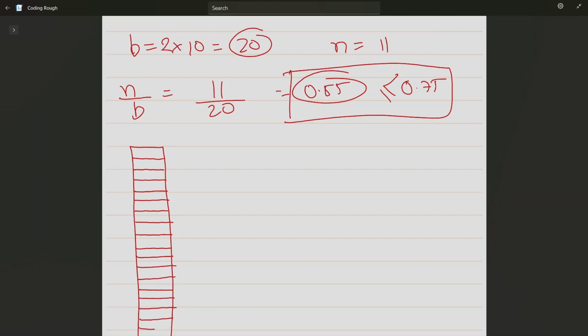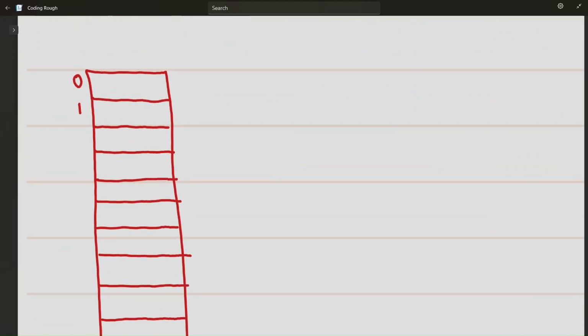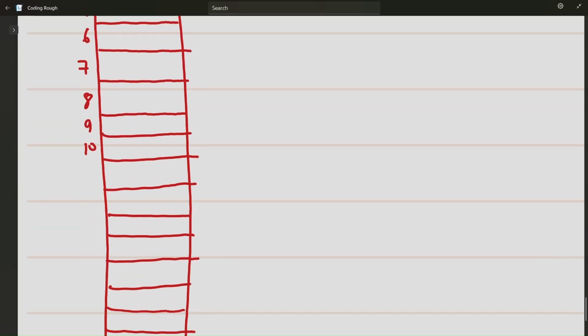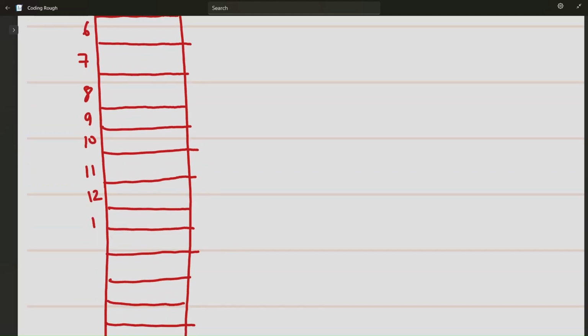Let's give the index numbers: 0, 1, 2, 3, up to 19. And since 0 is there, 20 is not coming.